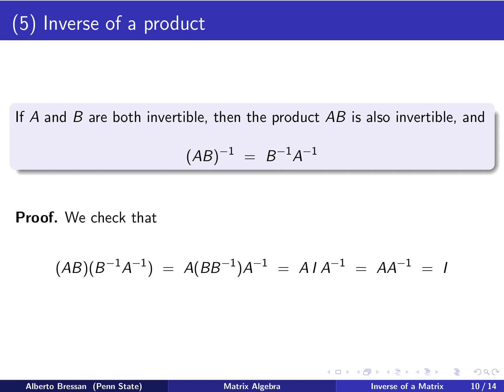Okay, so let's prove this. So we want to prove that this matrix here is the inverse of this matrix. And then we just need to multiply them and show that you reach identity eventually. Okay, so that's what we put. A times B, that matrix here, times this matrix on the right hand side, and we want to show it becomes the identity.